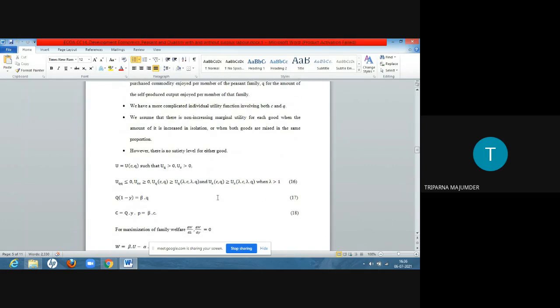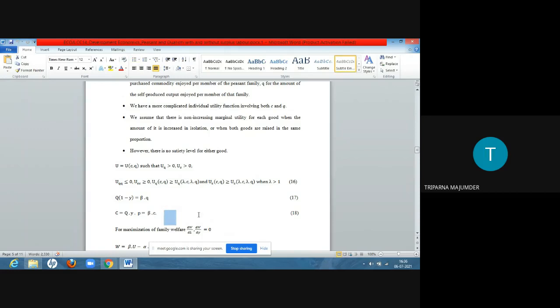Now, the amount of own produce consumed by each family member is small q, and how is that obtained? It is obtained by taking the amount left behind after selling y proportion of their production Q in the market and dividing it by beta, we will get small q.